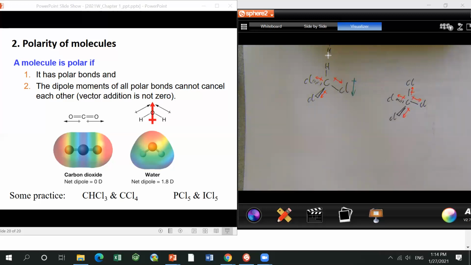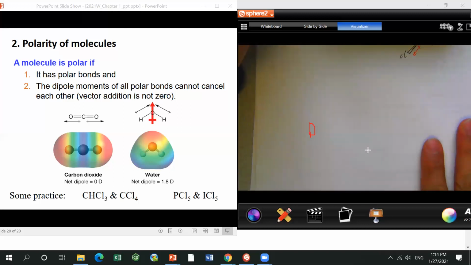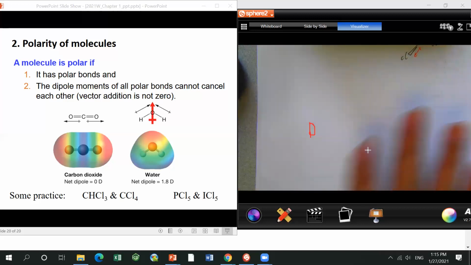Now we try a little bit harder one: PCl5 and also ICl5. Can anyone use the annotate tools to show the Lewis structures of these two molecules?